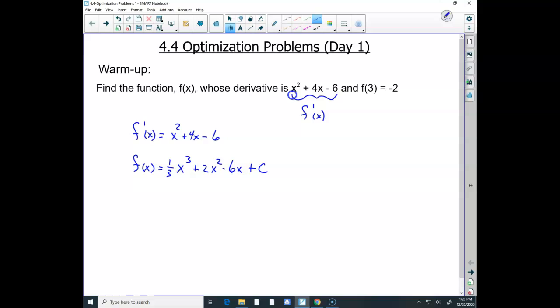So any function, there's an infinite number of them, there's a special number c, there's an infinite number of functions whose derivative is x squared plus 4x minus 6. We want the specific one that goes through the point (3, negative 2).